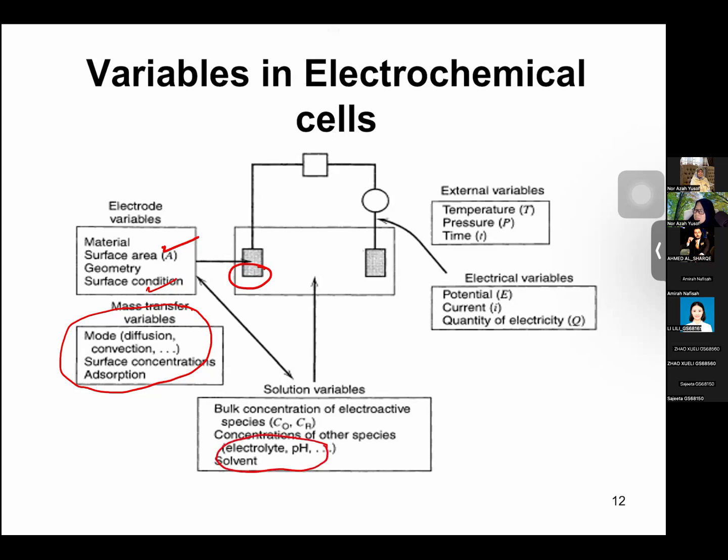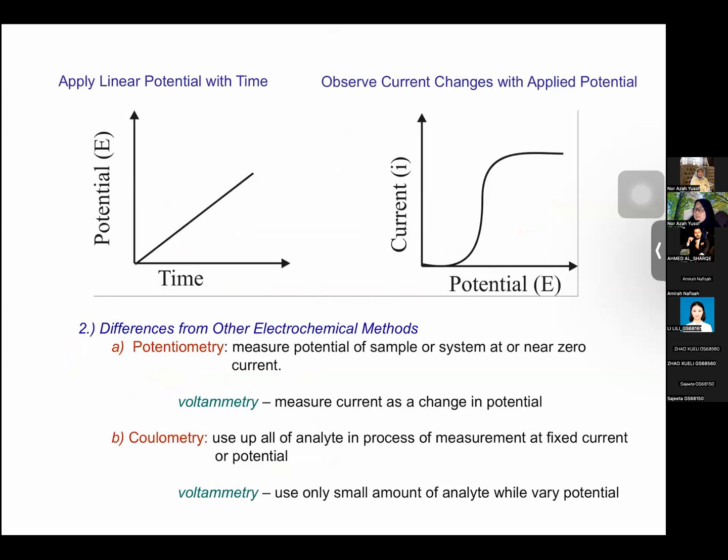Electrolyte, pH, solvent, and then we can also work with temperature. And of course, how much potential we supply to the system also works. Very important to work with. So these are the things in voltammetry that you can think of and study.